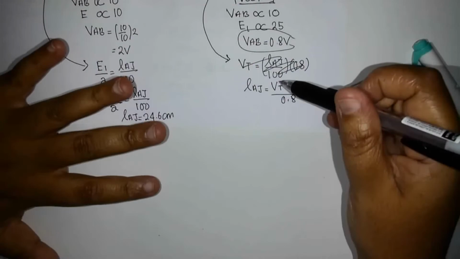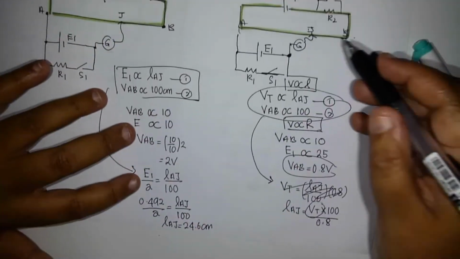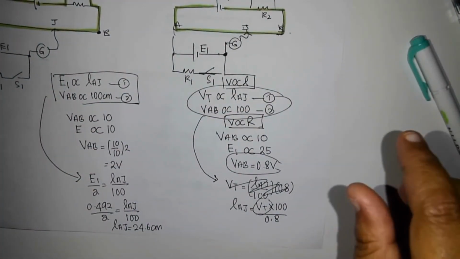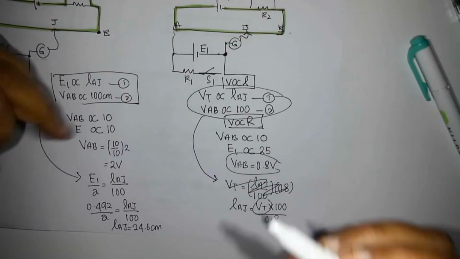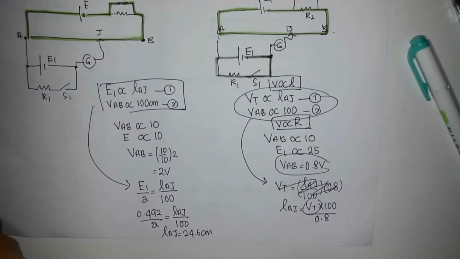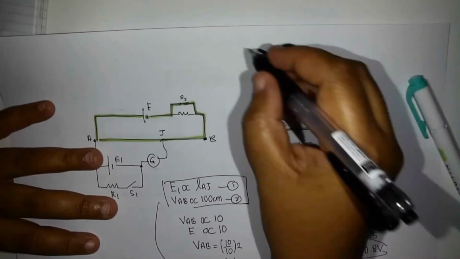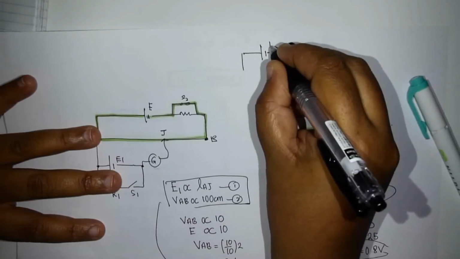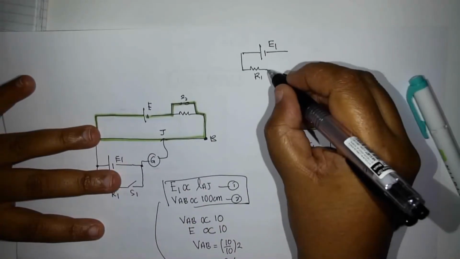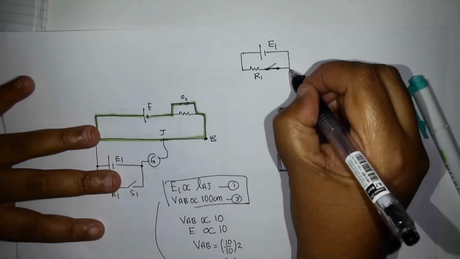Now we want to know what VT is. Let's look at this circuit alone, because there's a current flow there. I'm going to draw the circuit here separately. E1, this is R1, the switch is closed, and then we have S1.